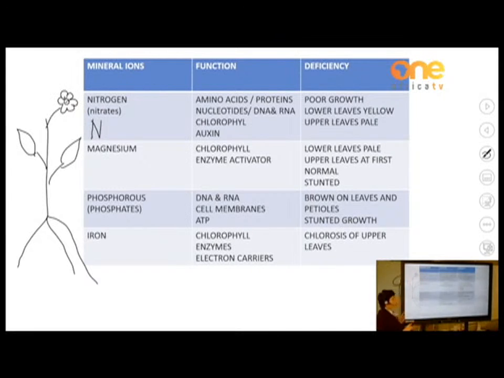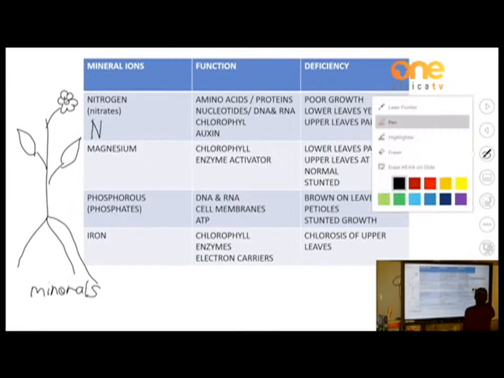It is important to note that minerals can only come from the soil, especially nitrogen. We know that nitrogen is 78% of the air, but the plant cannot take the nitrogen from the air.